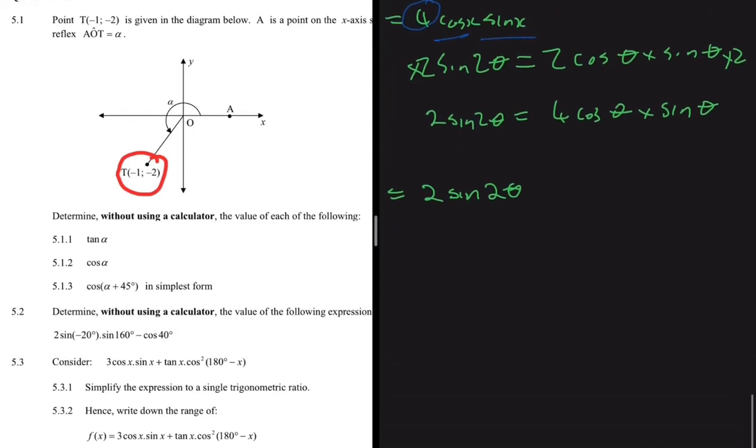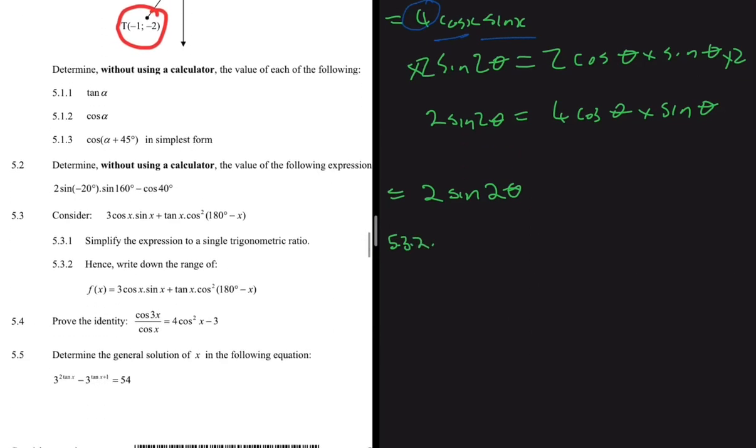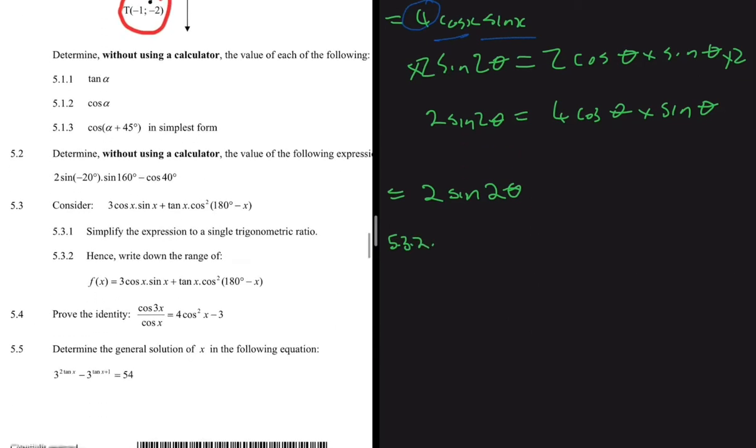We can move to 5.3.2. 5.3.2 says write down the range of f of x, which is the expression we basically had, right? So in place of f of x, we can just put 2 sine of 2 theta. And now we have to go to the basics. We want the range of that function.